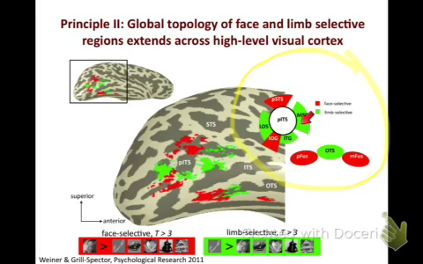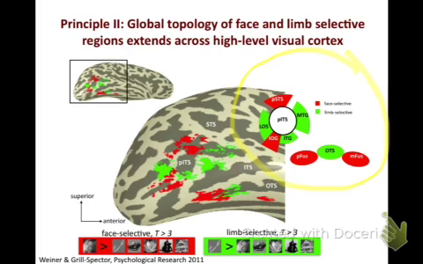And then on the lateral surface, surrounding an anatomical structure called the posterior inferior temporal sulcus, you'll find three limb selective regions in again distinct anatomical locations: the lateral occipital sulcus, inferior temporal gyrus, and middle temporal gyrus. And these are separated by two face selective patches, one on the inferior occipital gyrus and another on the posterior aspect of the superior temporal sulcus.